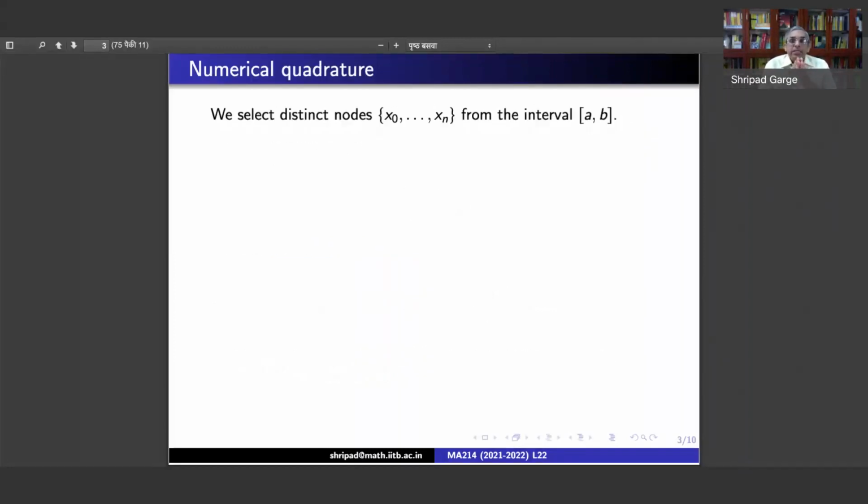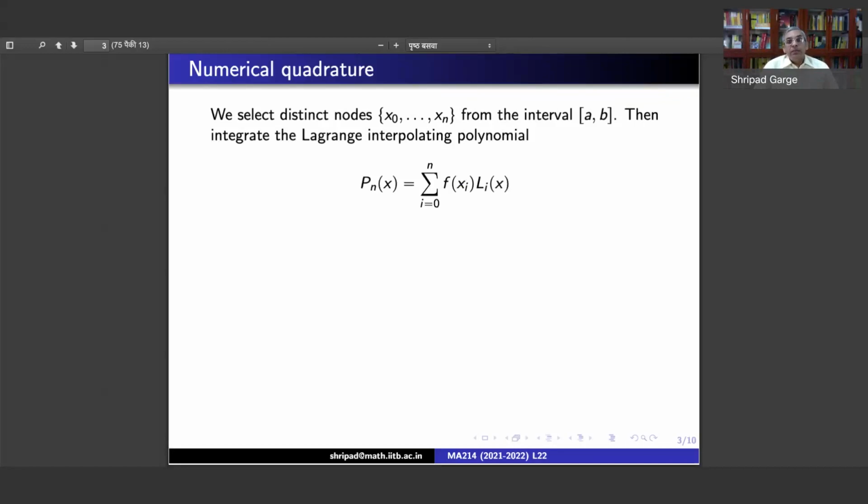We select distinct nodes. So we have the interval a to b, and normally x0 is taken to be a, xn is taken to be b, and then x1 up to xn-1 are the nodes which are between a and b. So these are the distinct nodes that we select, and then we integrate the Lagrange interpolating polynomial, which is summation f(xi) Li(x).